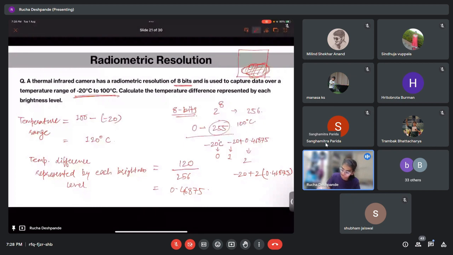So here our values will be like 255, 254, 240 and so on. And in the colder region, the values will vary like 80, 90, 70, 40, 30 and so on. So it depends on how the temperature contrast is, right?